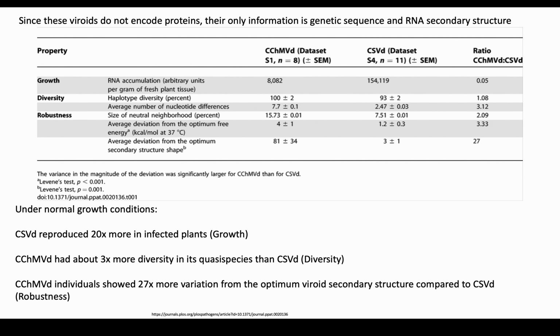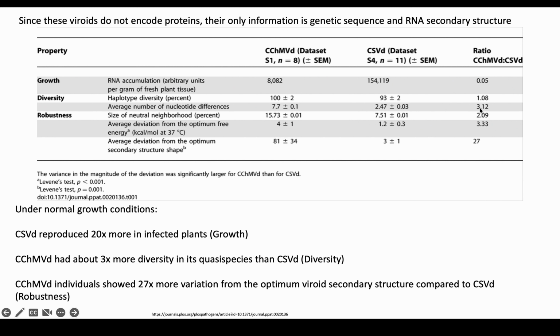But if you look further at this and you sequence all of the variants in there, what you find is that within CSVd, even though it produced a lot of individuals, those individuals were not very diverse. So our diversity number here is 2.47, average number of mutations per individual. And over here for chlorotic mottle, it's 7.7.